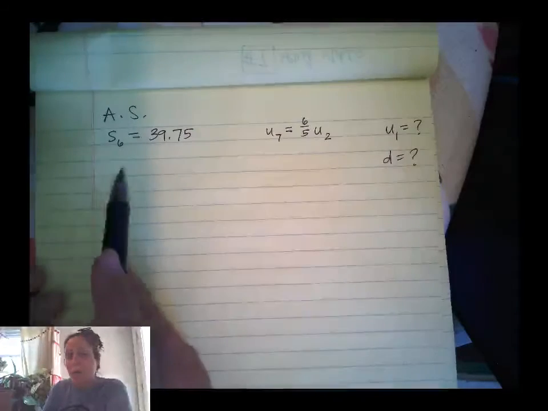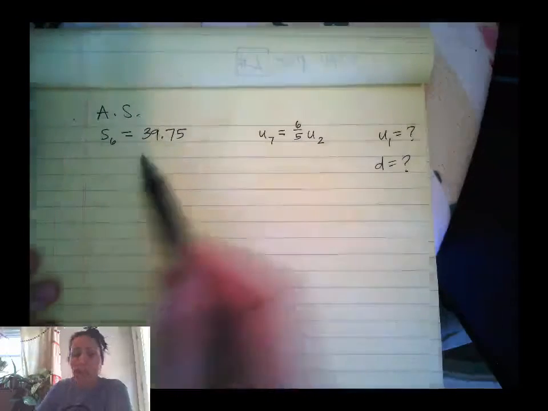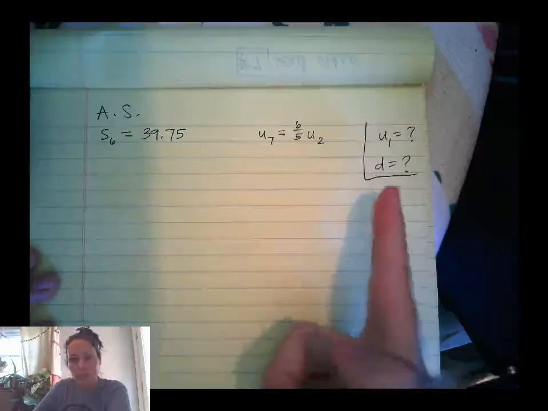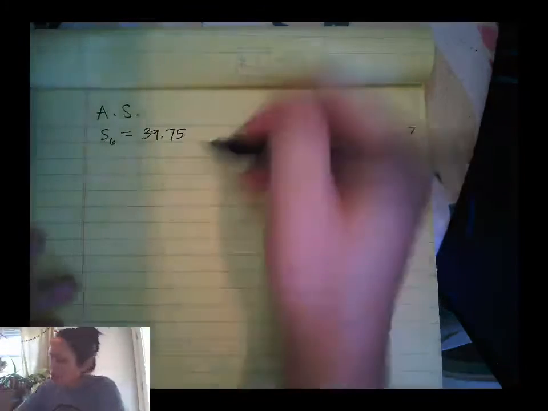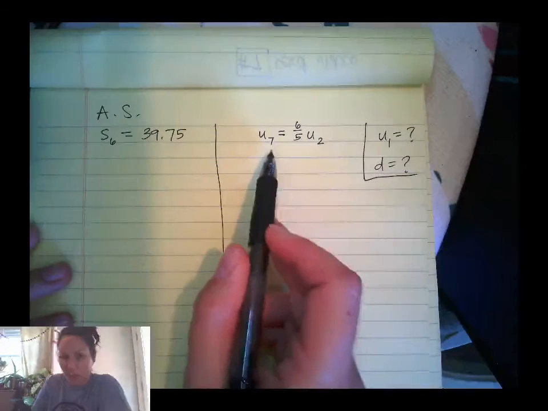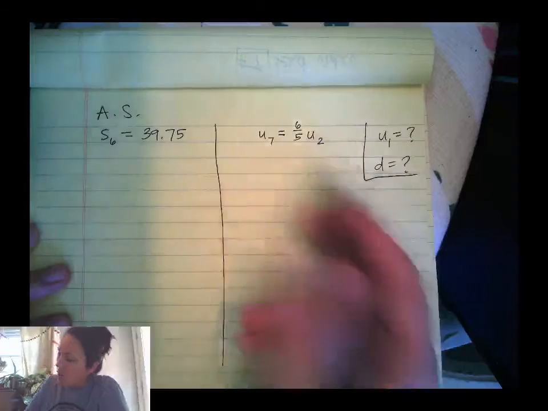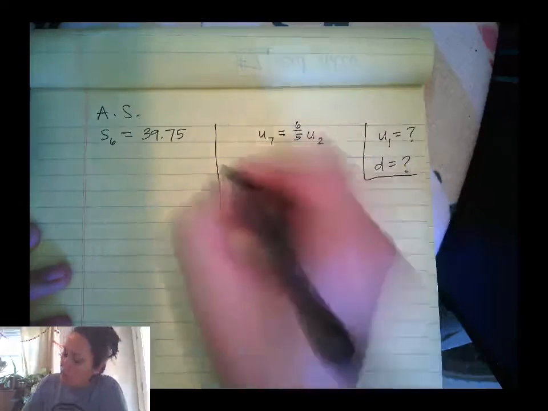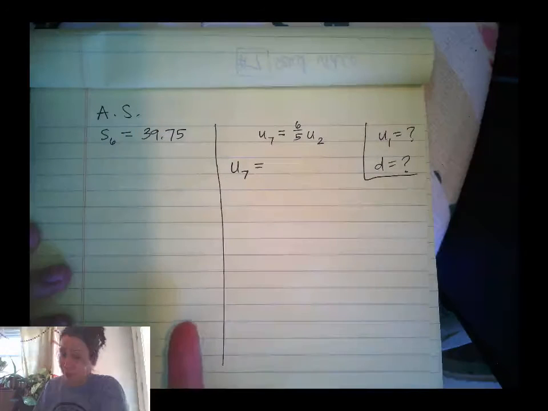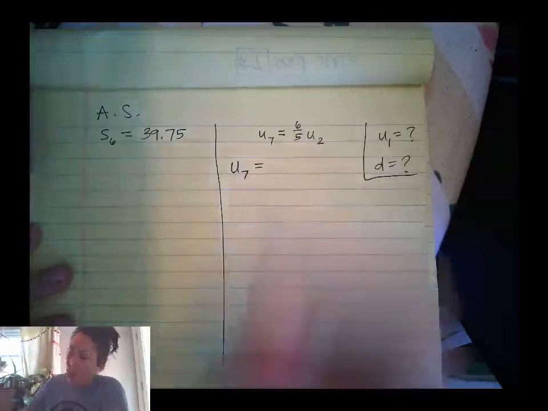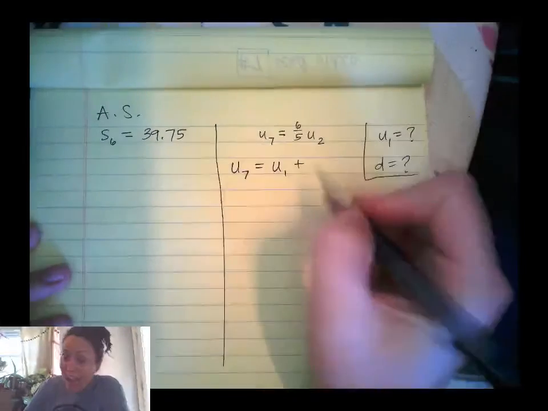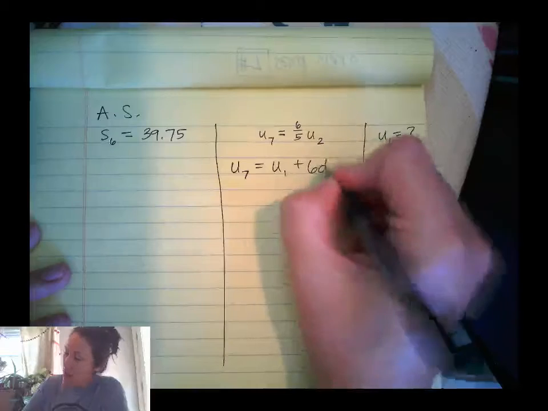I'm going to first start rewriting each of these equations in terms of these 2 variables. I'll start on the term equation. What do we know about the 7th term of an arithmetic sequence? We can get to it by taking the first term and adding 6 common differences.